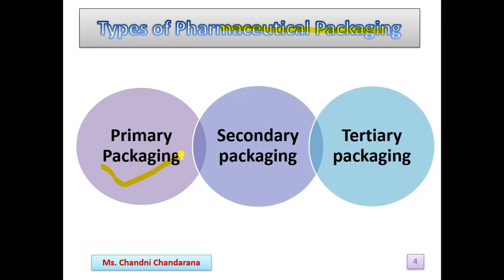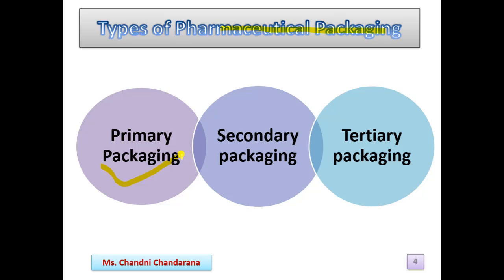For example, the bottles, caps, then cap liners. The packaging needs to be such that there is no interaction with the drug and it provides proper containment of the pharmaceutical. For example, blister packages or strip packages. So the primary packaging is in direct contact with the dosage form.